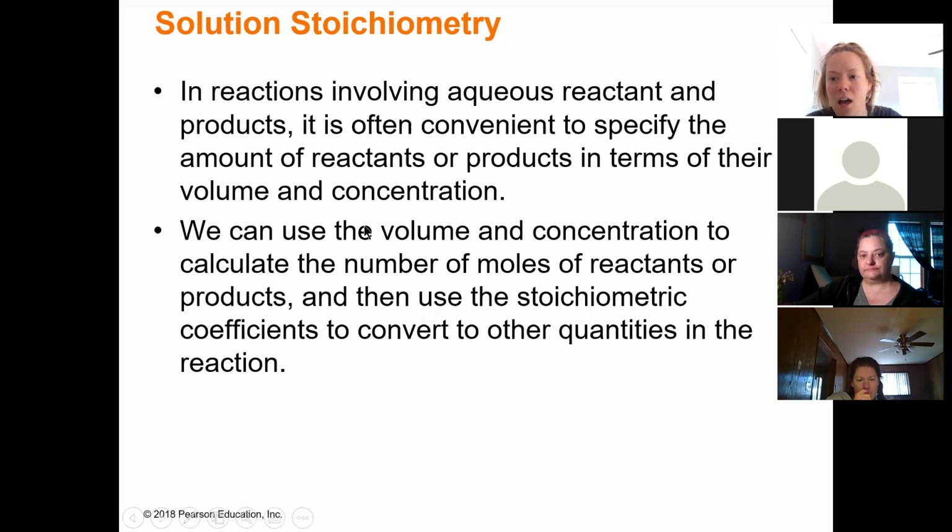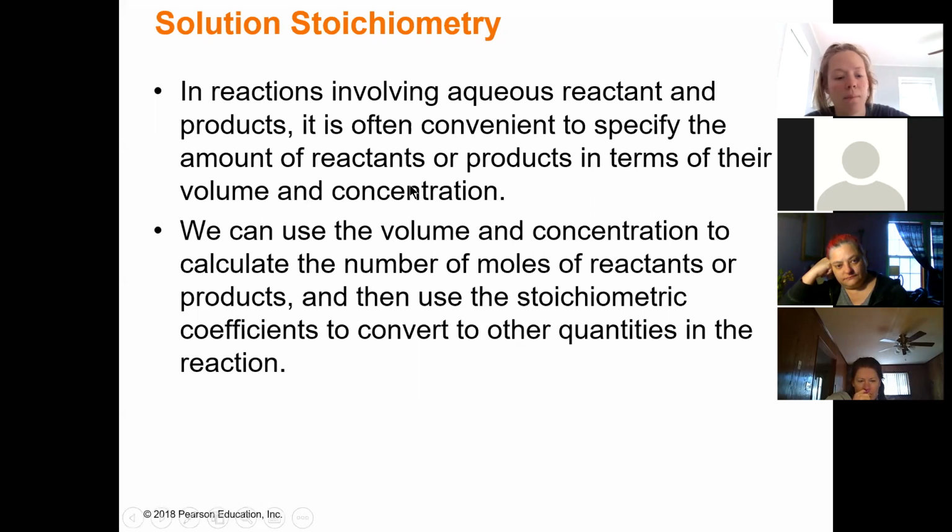So instead of saying I have 55 grams of hydrochloric acid, I would say I have 55 milliliters of a 5 molar solution. We can use the volume and the concentration to calculate the number of moles. And if we can calculate the number of moles and we have a balanced equation, we can jump around that equation moles to moles, right?